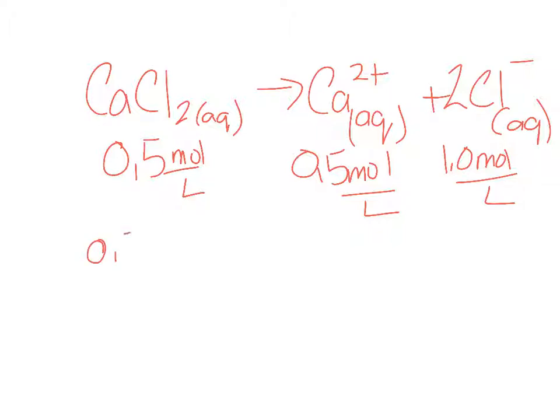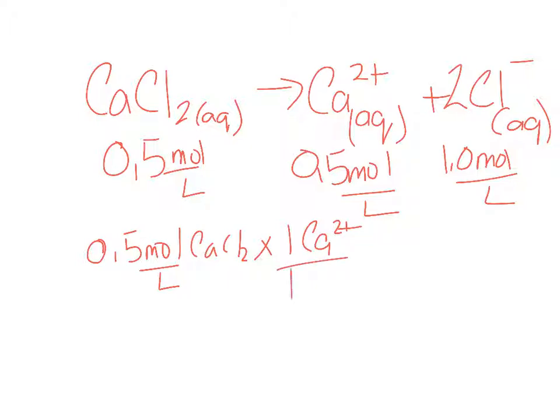So 0.5 mole per liter calcium chloride times 1 calcium for every 1 calcium chloride. So you're left with moles of calcium per liter. See how you do that? This is what I want you to start doing.